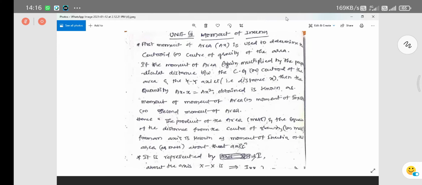Suppose I give you a certain example. See here what moment of inertia actually means. If you see some bridges, assume this is a bridge. On this particular bridge, at the two ends, this is the path.